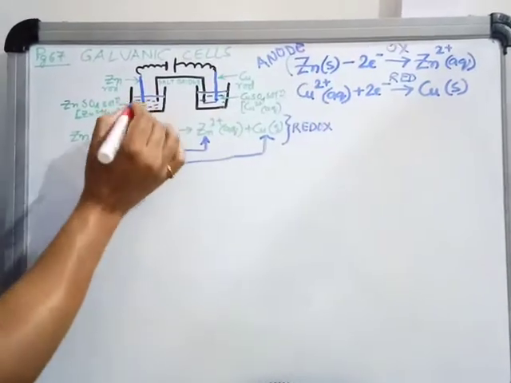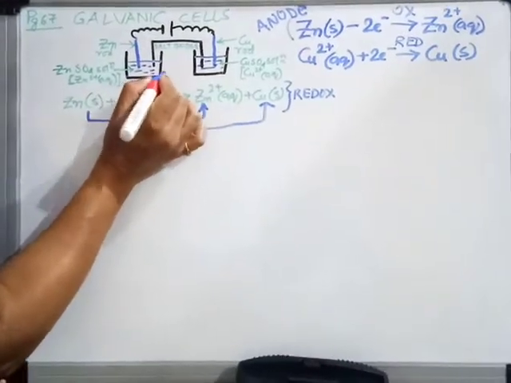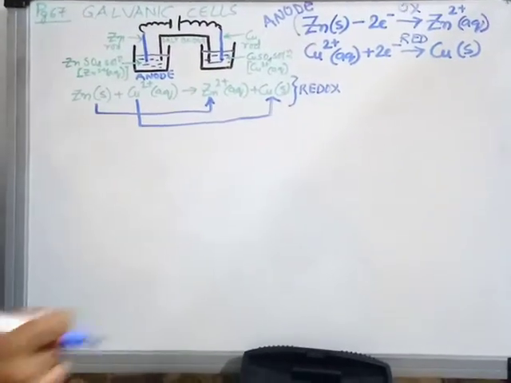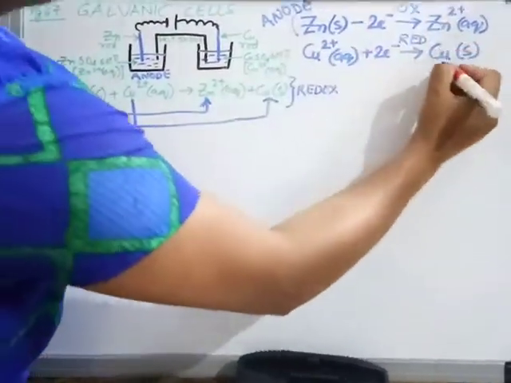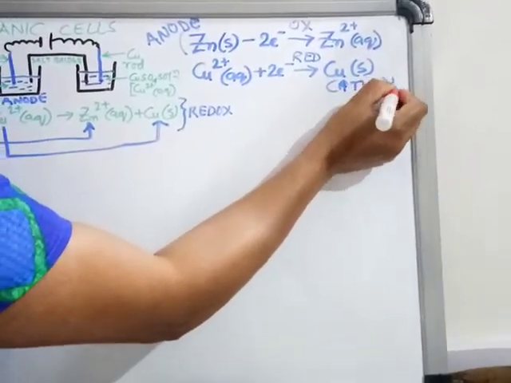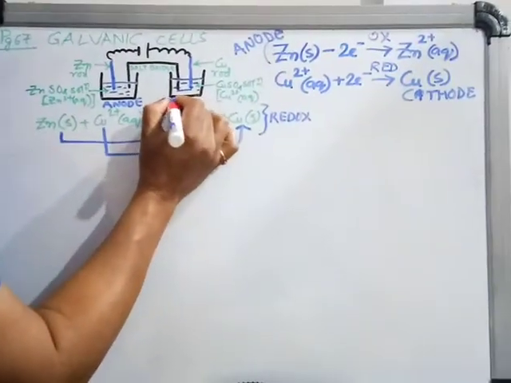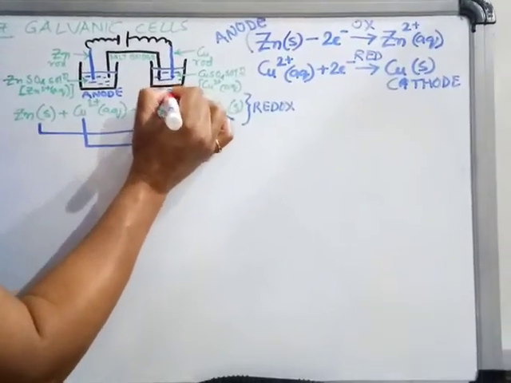So this side is our anode by convention because it is losing electrons, and this one will be the cathode because it is picking up two electrons. So this side is our cathode.